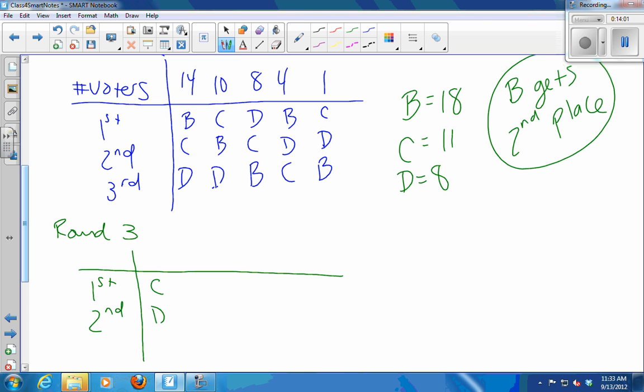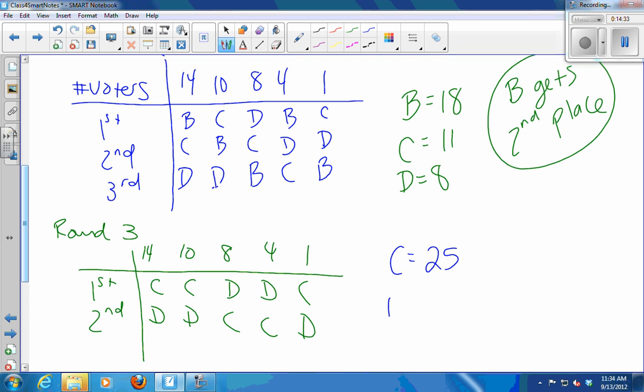So I have C, D, C, D, D, C, D, C, C, D. And I could have just had 2 columns, but it doesn't matter. So this is 14, 10, 8, 4, and 1. So C has 14 plus 10 is 24, plus 1 is 25 first place votes, and D has 8.